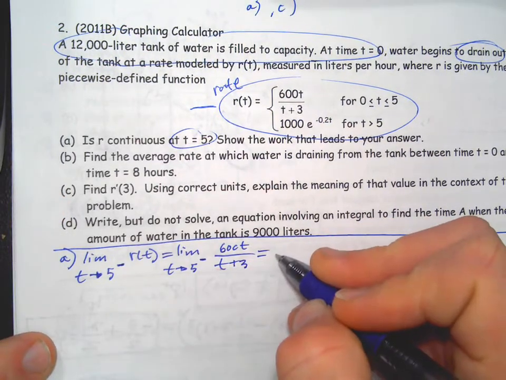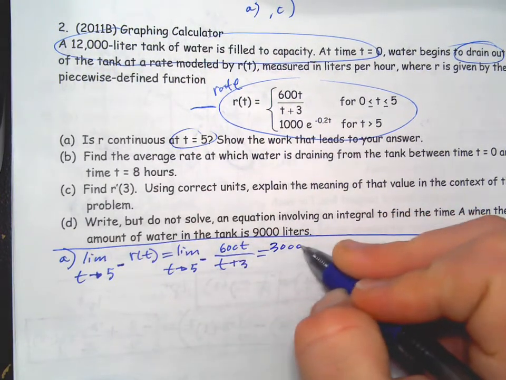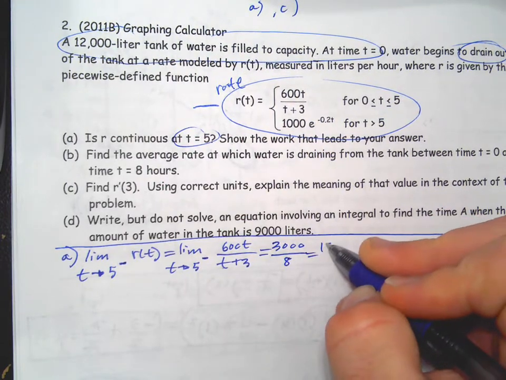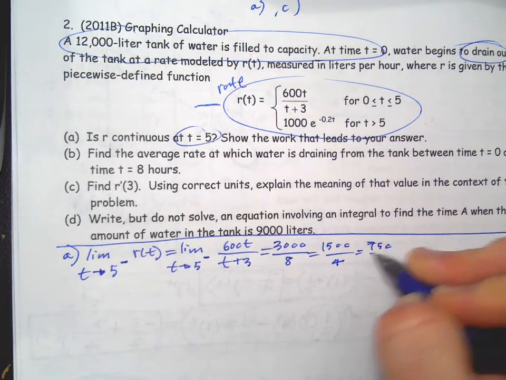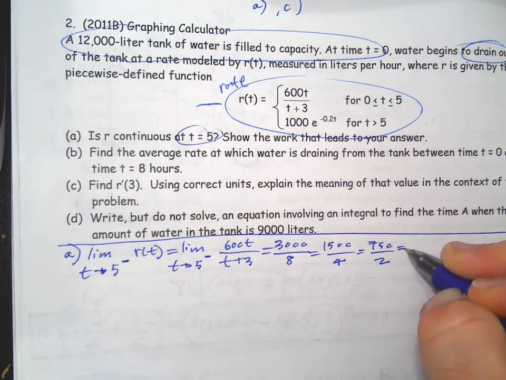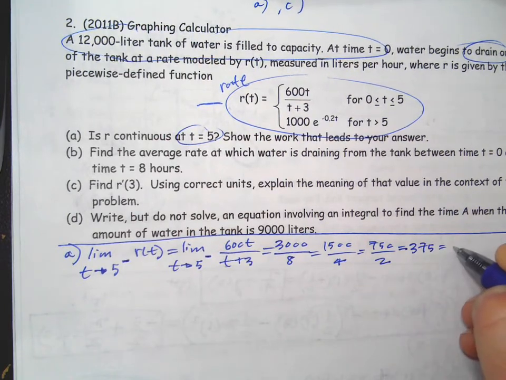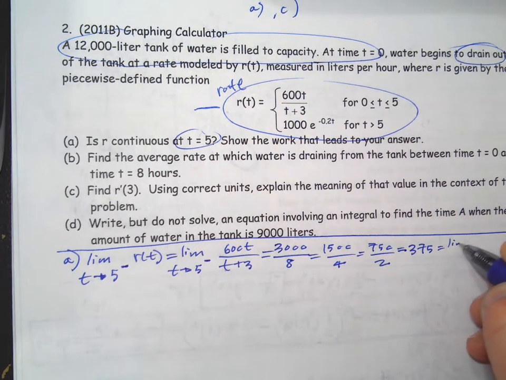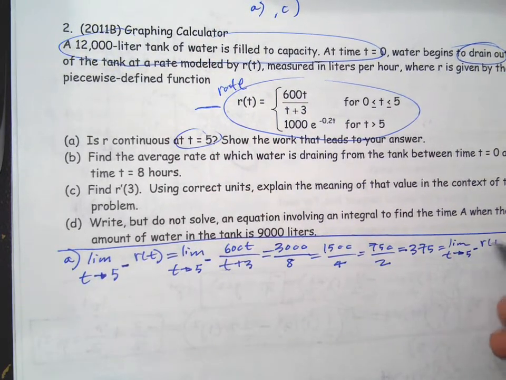And so if you plug 5 in here, you get 3,000 over 8, which is 1,500 over 4, which is 750 over 2, which is 375. Okay? So that's the limit as you approach 5 from the left-hand side of R(t).